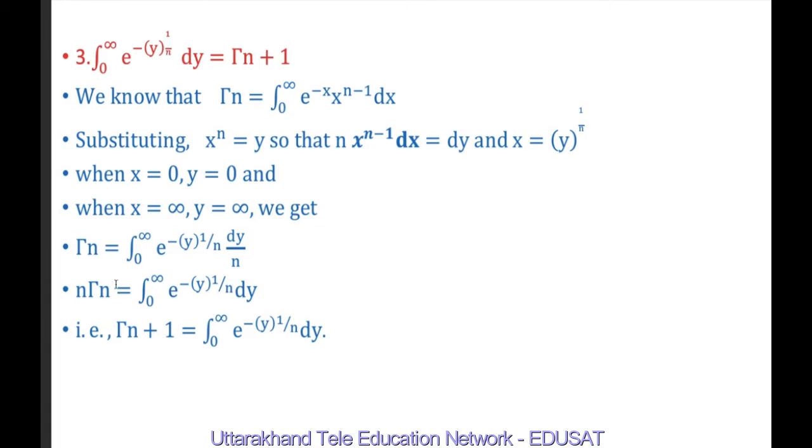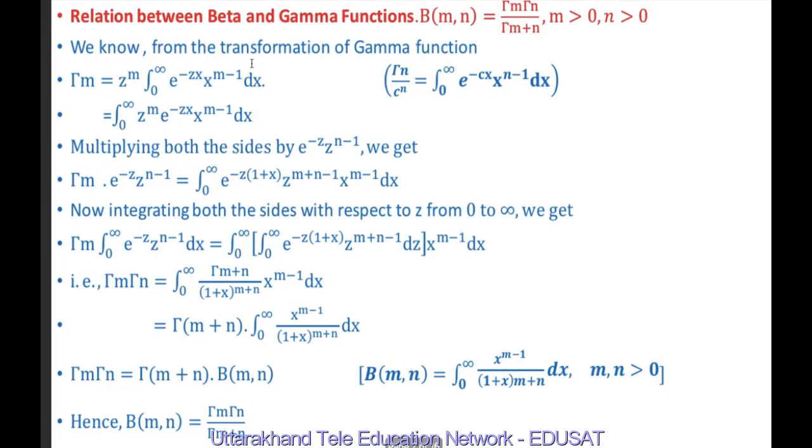So n gamma n is nothing but gamma n plus 1, we have proved it. So this is equal to integral 0 to infinity e raised to power minus y whole raised to power 1 upon n dy. So we have proved that integral 0 to infinity e raised to power minus y whole raised to power 1 upon n dy equals gamma n plus 1.